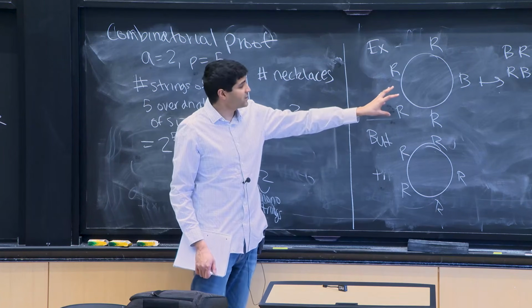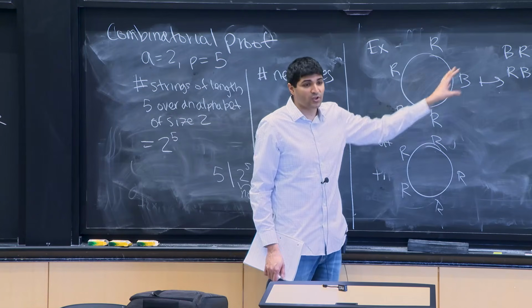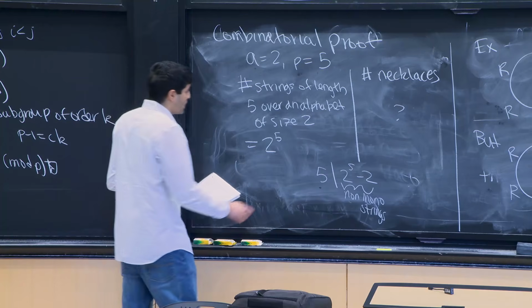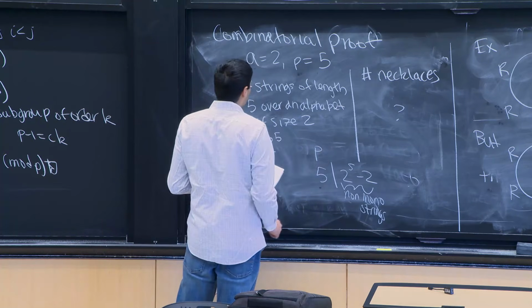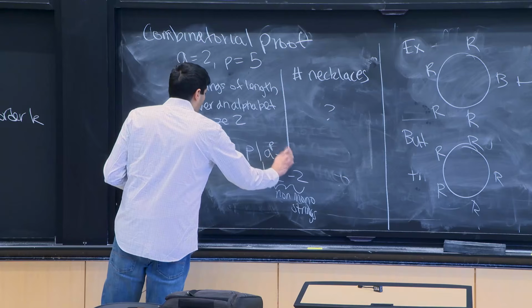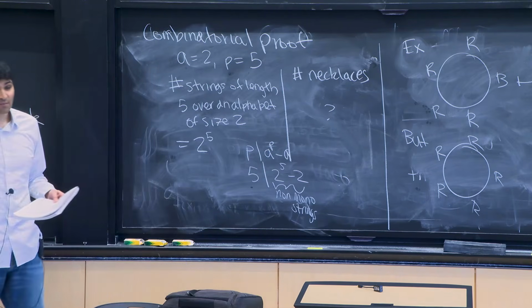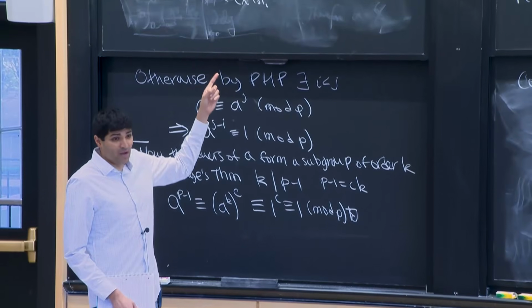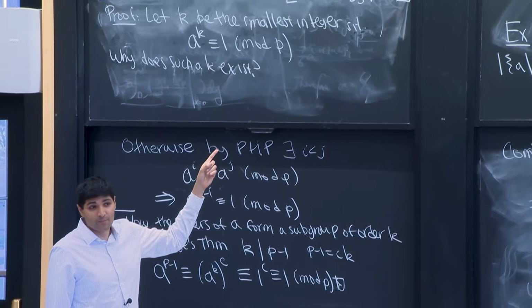So in fact, the necklaces give us a way to group the set of strings into groups of 5. So what does this statement look like more generally? This is just the statement that P divides A to the P minus A, because you'll have A monochromatic necklaces, and that is exactly what Fermat's little theorem is telling you.